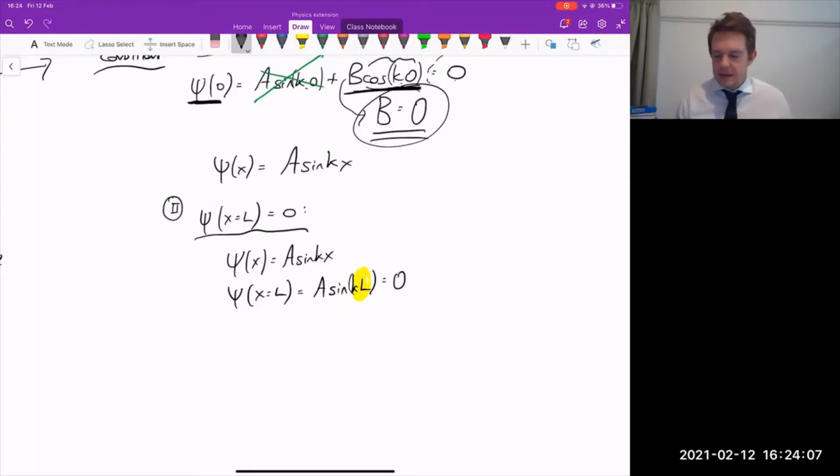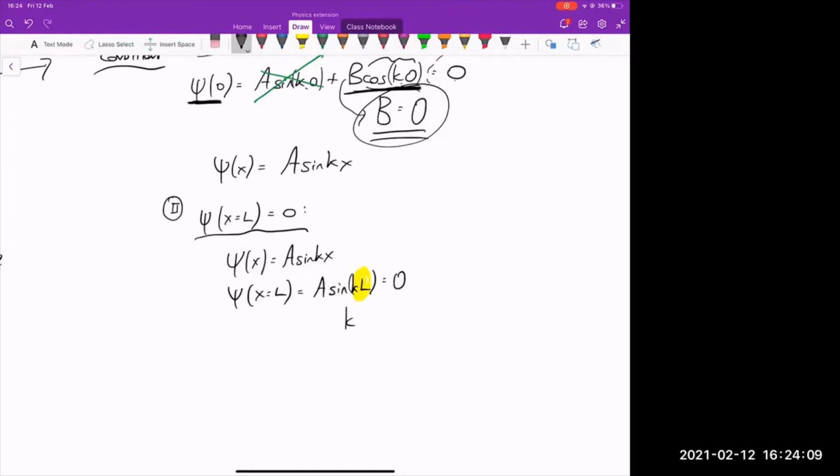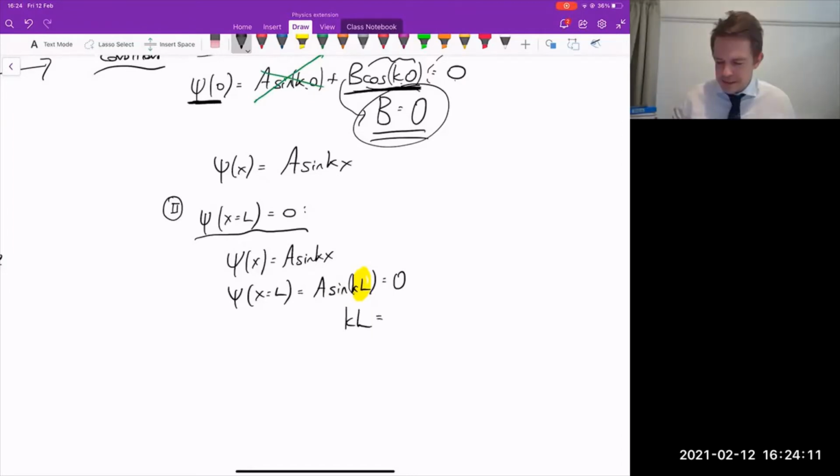So what about this? What if kL, what's inside the bracket, is an integer multiple of pi? If kL equals n pi, that means my equation A sine kL will always equal 0, provided that this is true.